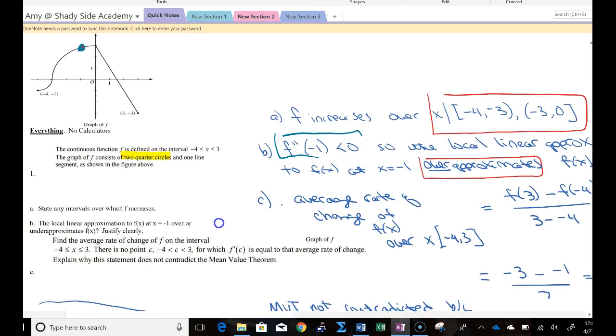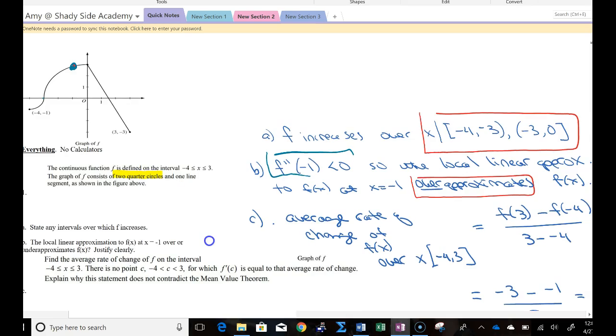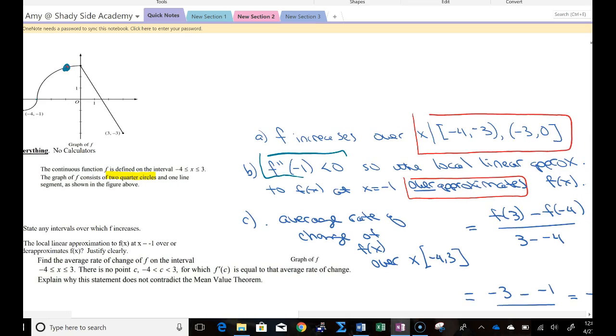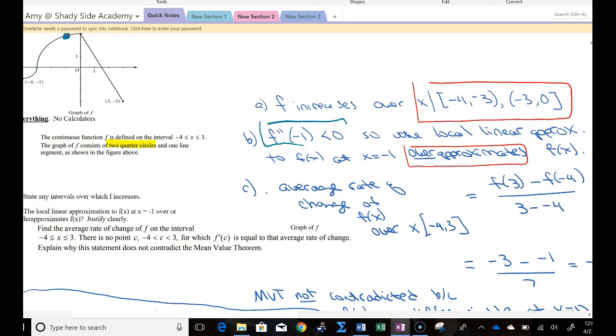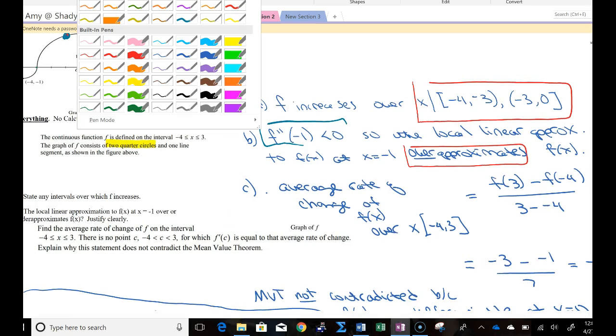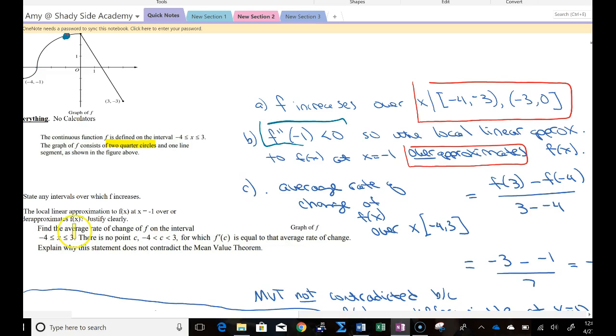Okay? Part C, find the average rate of change of f on the interval from -4 to 3. Let's see, what is that? Average rate of change of f on the interval from -4 to 3. You know that this means the same thing as the slope of the secant line, which is this line right here, from -4 to 3. Oh my goodness.